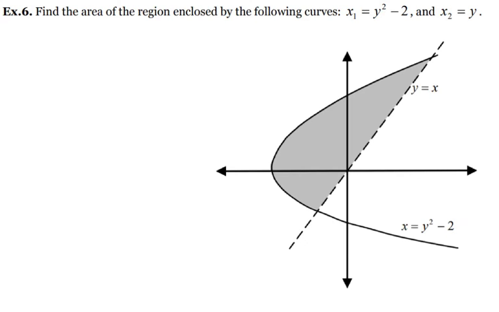So here is the graph, and I need to know the points where the graphs intersect. These will be my limits of integration, or I can also calculate them. This one is -2 and 0. For the other 2 points, I'm going to set x equals y and x equals y squared minus 2.